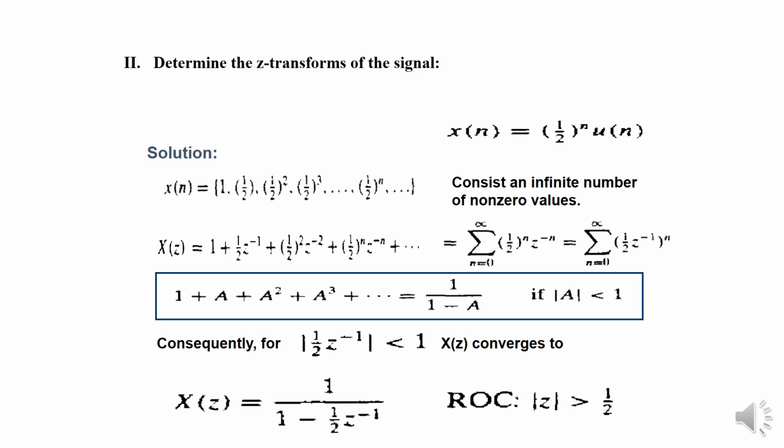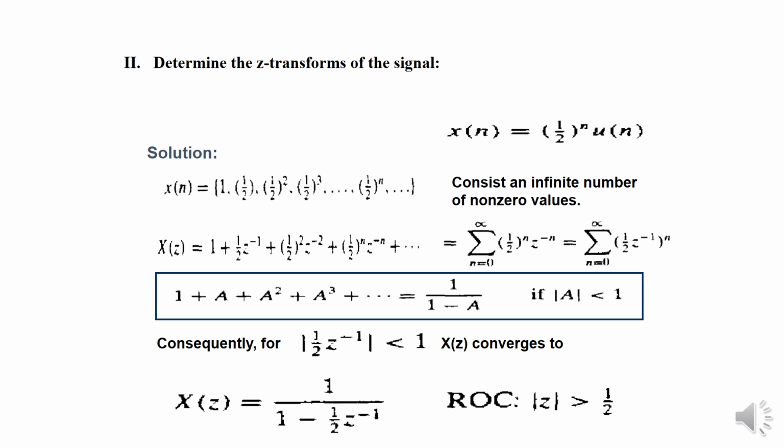So xn we can write as 1, 1 over 2, 1 over 2 squared, 1 over 2 to the power 3, and so on, which is equal to 1 when n is equal to 0.